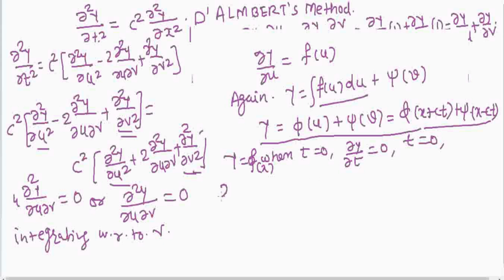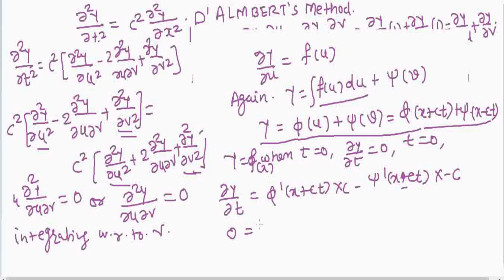We have ∂y/∂t equal to phi dash of (x plus ct) into c minus psi dash of (x minus ct) into minus c. Now at t equal to 0, this value is 0, c into phi dash of x plus c into psi dash of x.